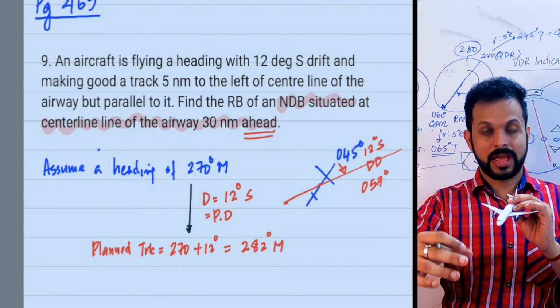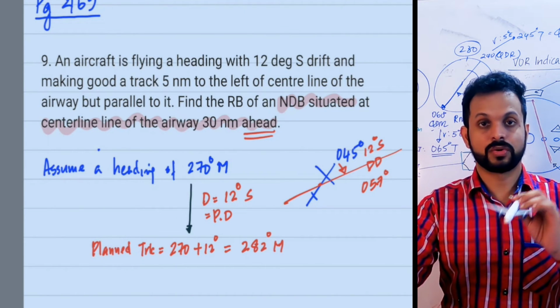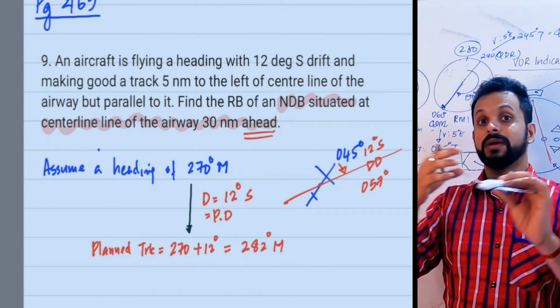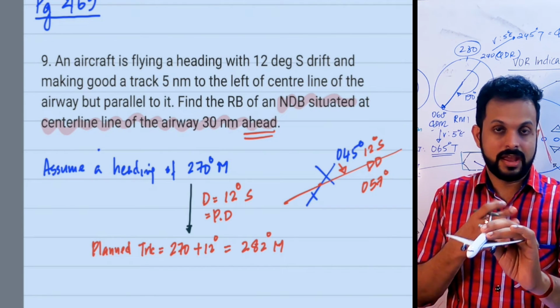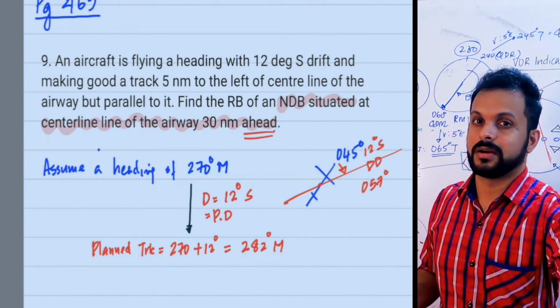On the contrary, and a question which we would be looking at later, if the NDB was behind the aircraft on the same track, then the aircraft would be moving away from the NDB, right?